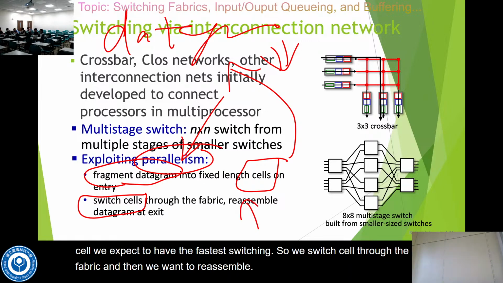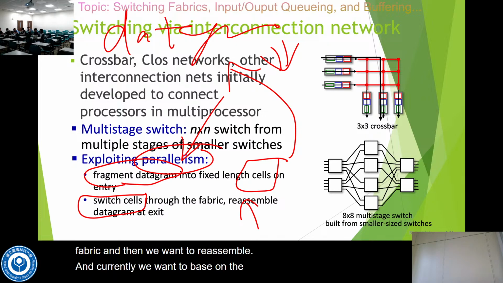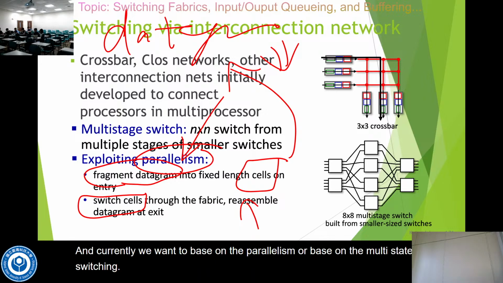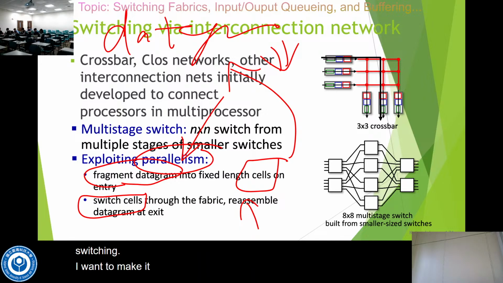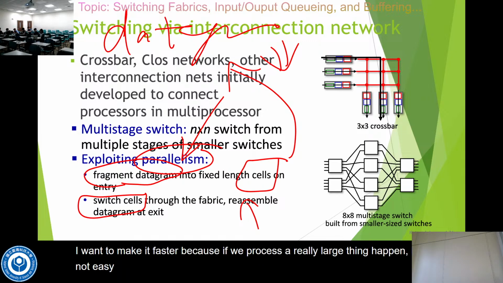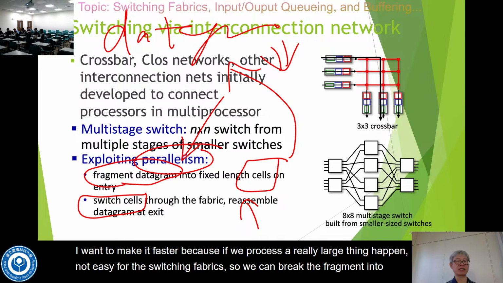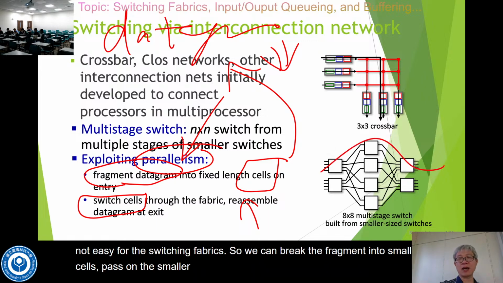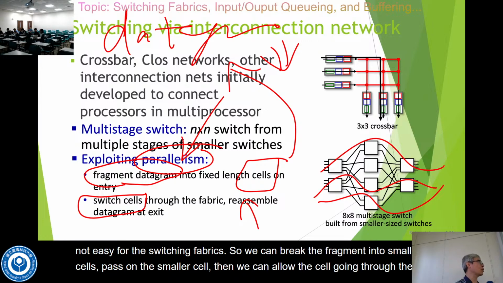And currently, we want to base this on the parallelism or on the multi-stage switching. Why do we want to make it faster? Because if we process a really large datagram, it is not easy for the switching fabrics. So we can break the datagram into smaller cells. Based on the smaller cells, we can allow the cells to go through the switch, the interconnection network.